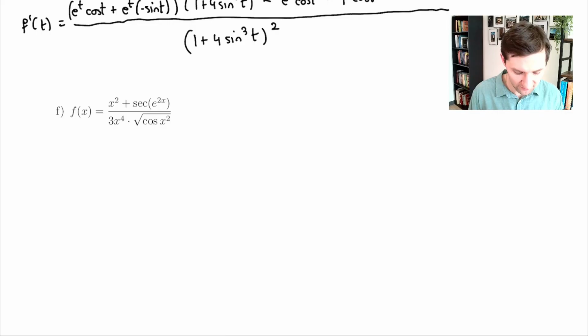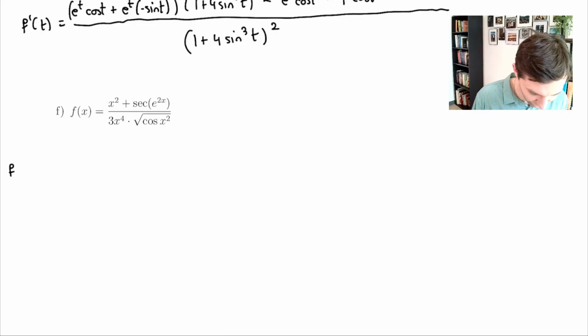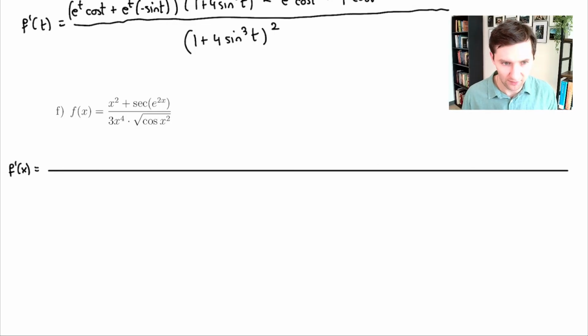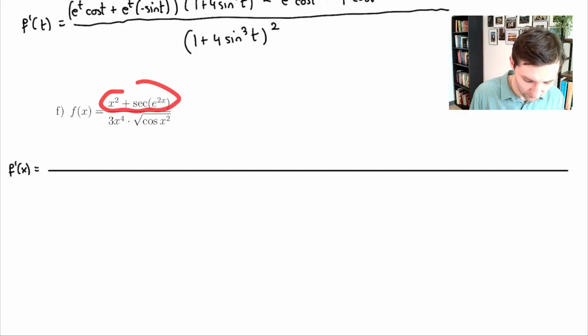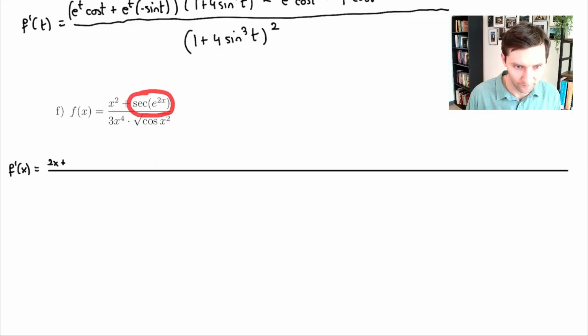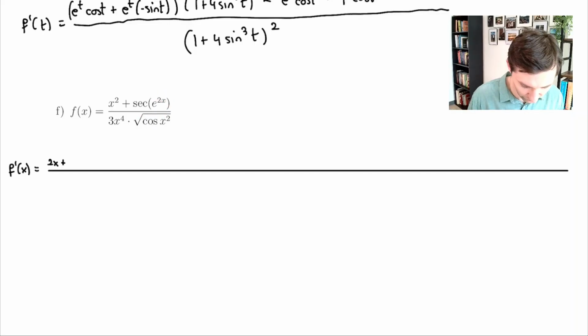I will write very small to make sure I fit everything on the page. F prime of x will be a fraction because I'm going to use the quotient rule. And I get the derivative of the numerator. The derivative of x squared is 2x. The derivative of the second term, I apply the chain rule. The derivative of 2x is 2.